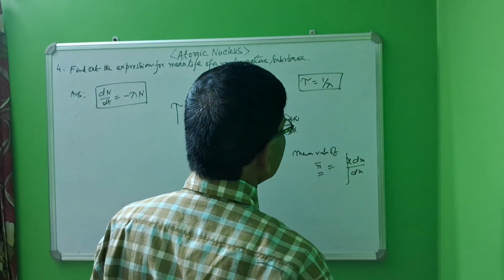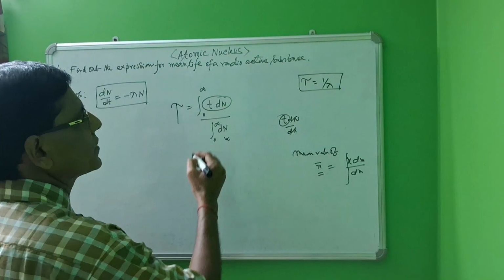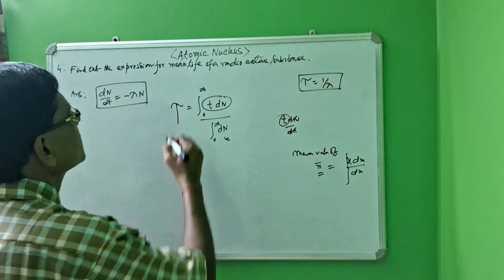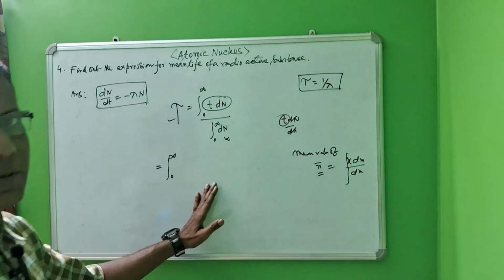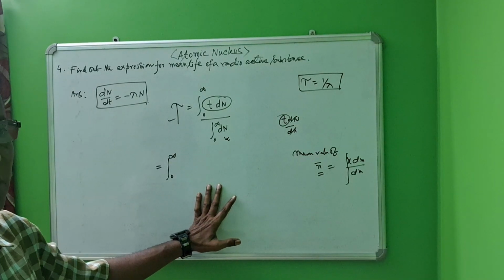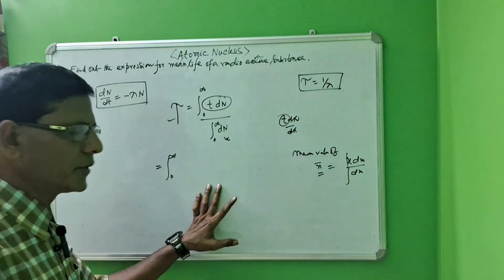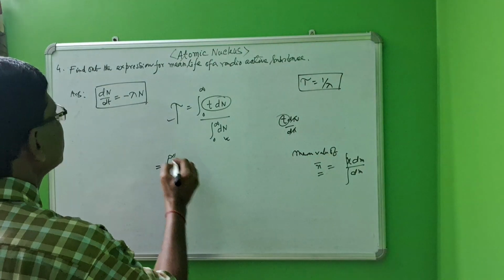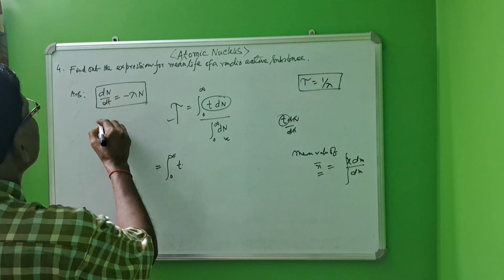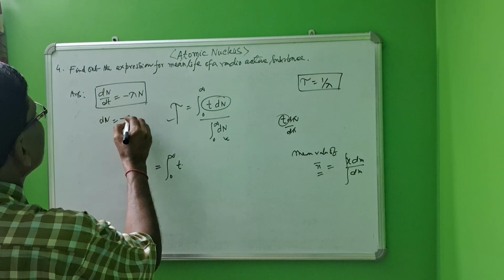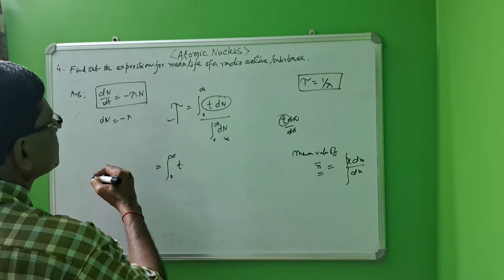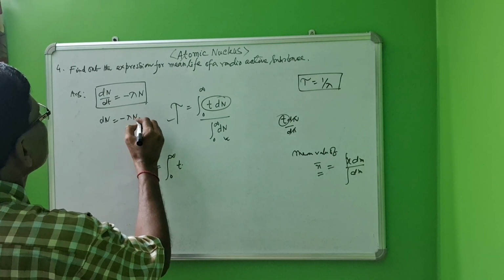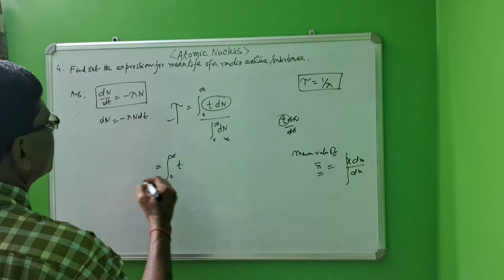Here we also get this type of relation for average and mean value. Now put this in a definite integral, we can find t dN. From this dN we get minus lambda N dt.